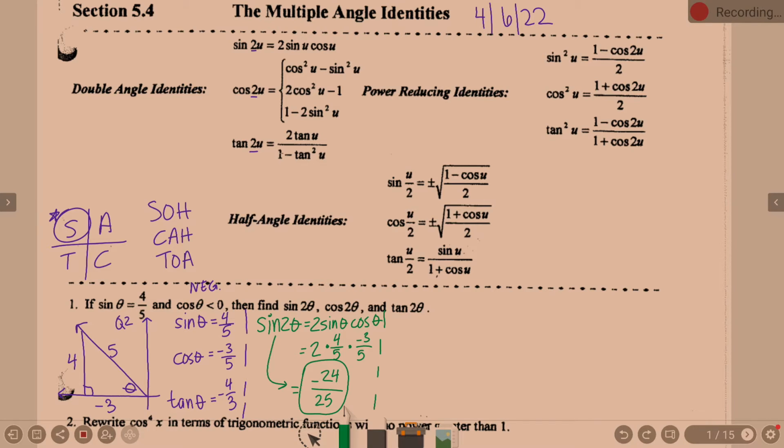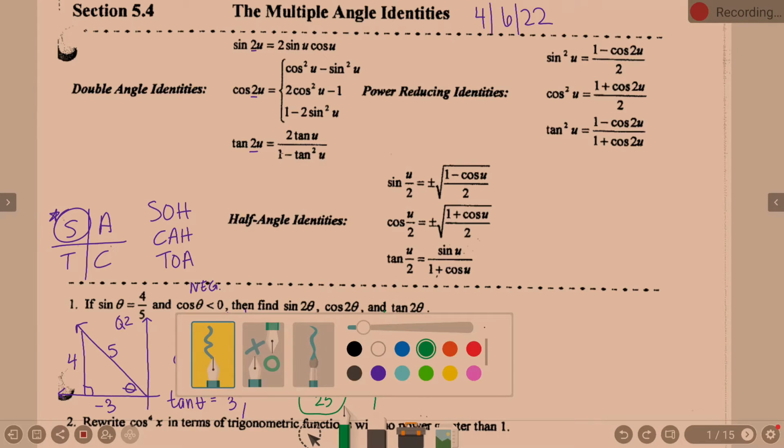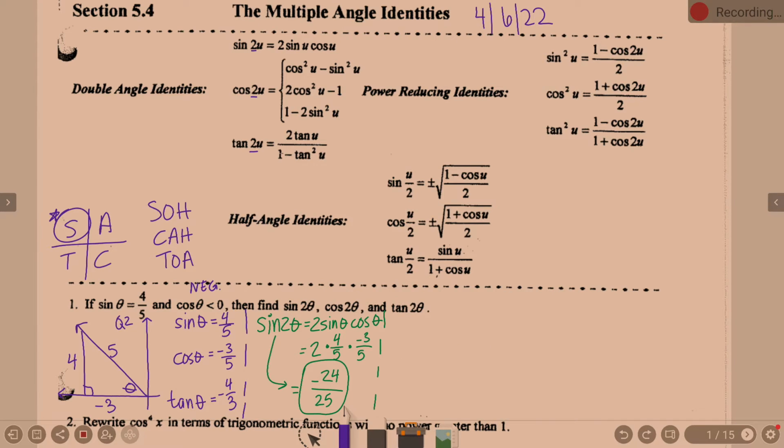Next, you'll do cosine 2 theta. You have an identity, yes? You technically have 3 identities. Pick one, just do the easiest one. Which one's easiest?